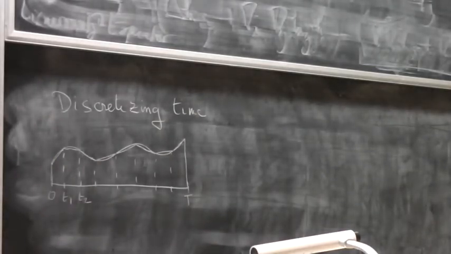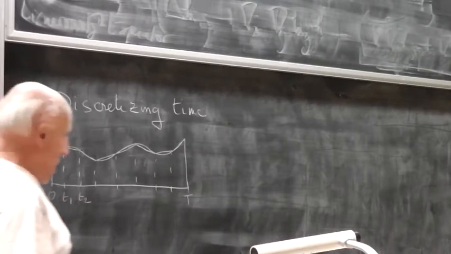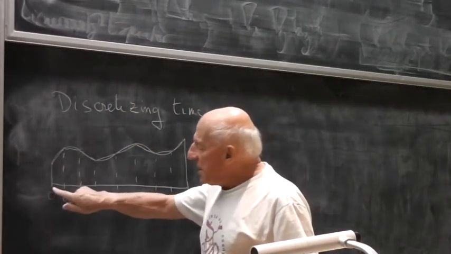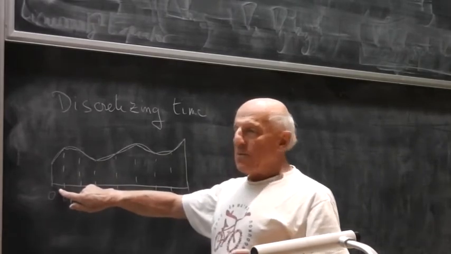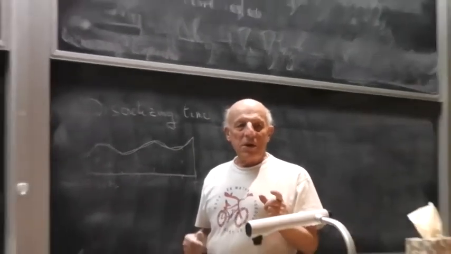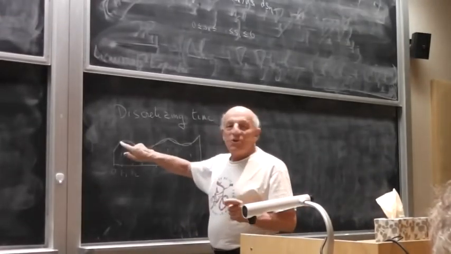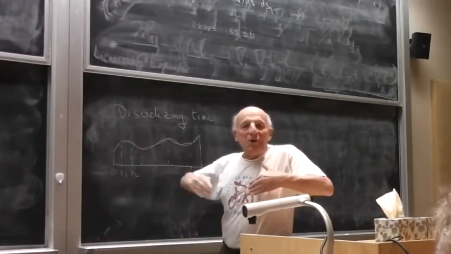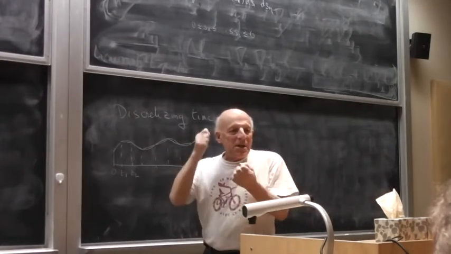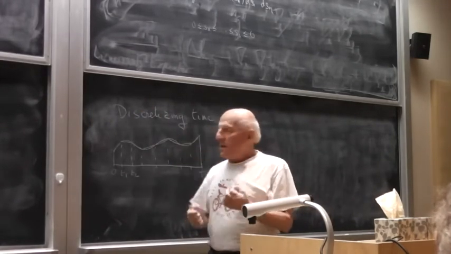Now the intuitive idea is that in this small time interval, the system moves without the force. And the action of the force is to kick. Instead of having a continuous action of the force, depending on the potential, you imagine some kicks at fixed times.